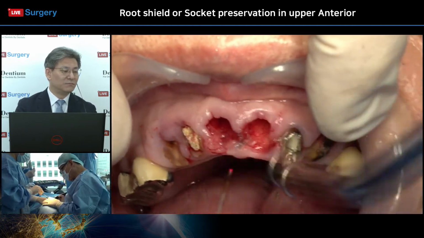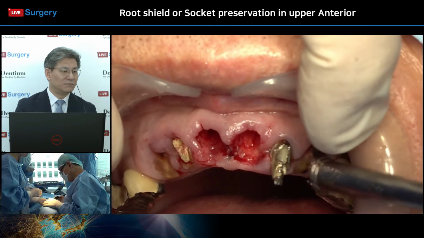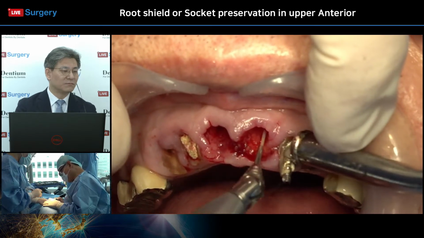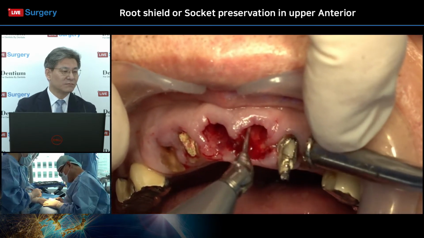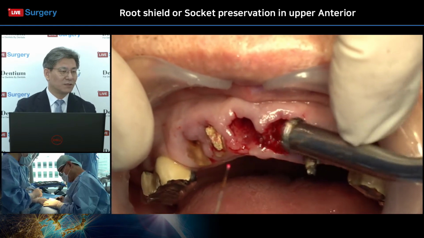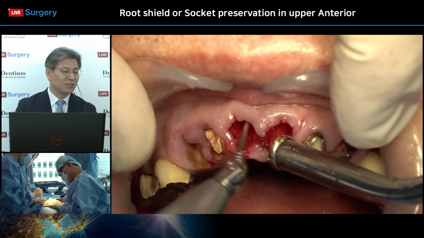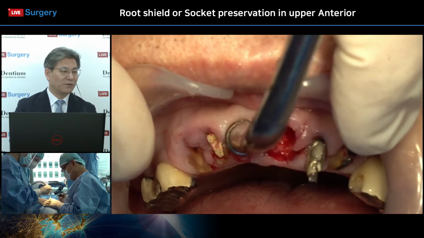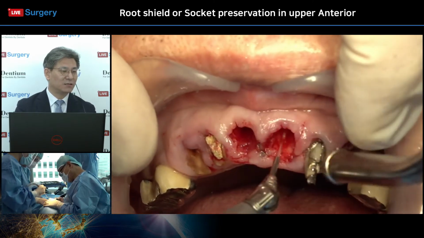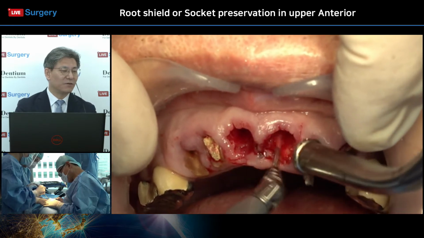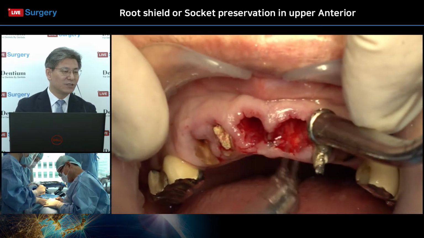For confirmation of the detoxification, I will try to use the laser in the apical area. So this completely burns out for detoxification, a procedure using a laser. This one is the confirmation procedure.